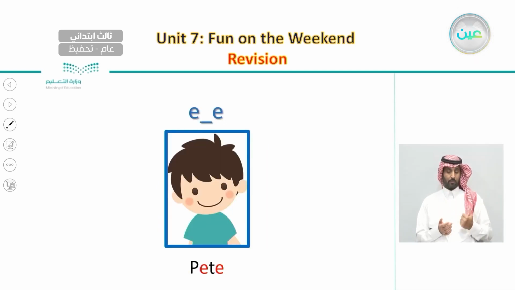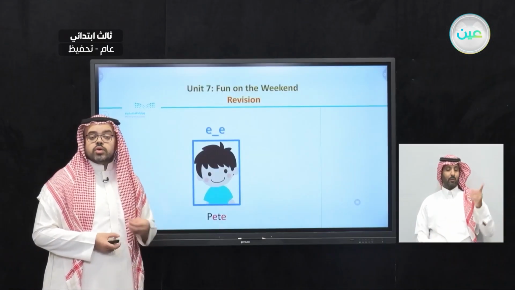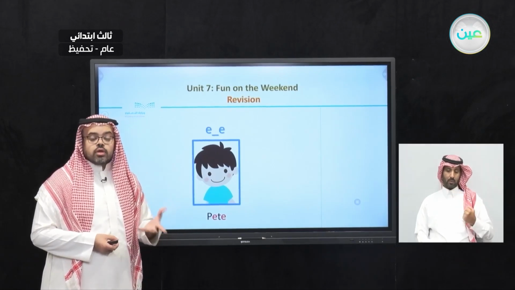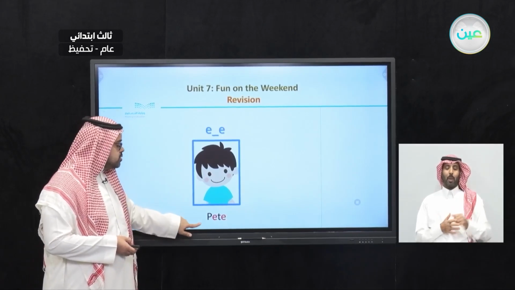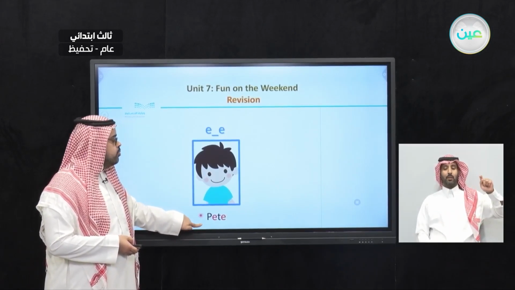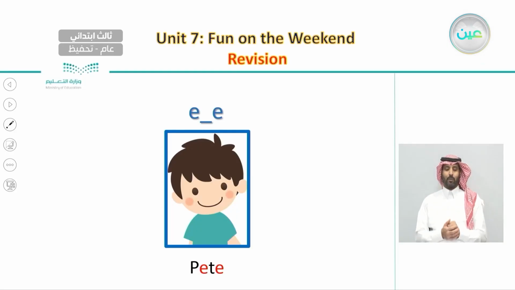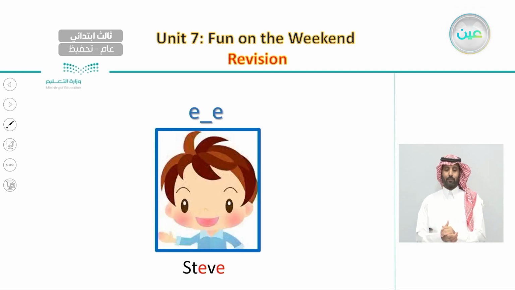The other words we have that have the EE letters are usually words that we see in names. For example, the first name we have is Pete. Pete is the name of this boy and it has two E's. Also, another example of a word that has two E's is the name of this boy, which is Steve.